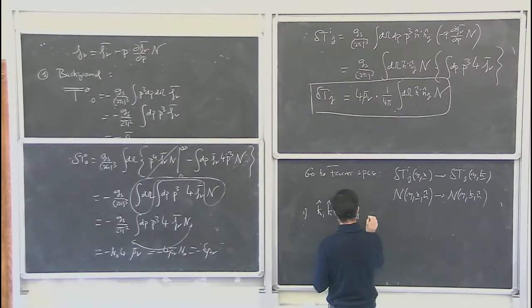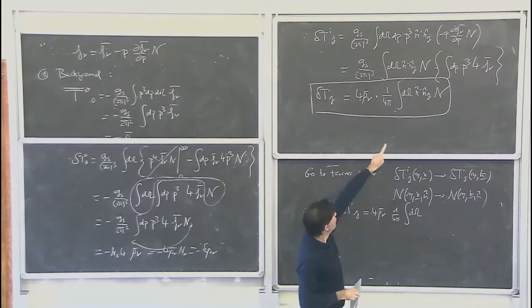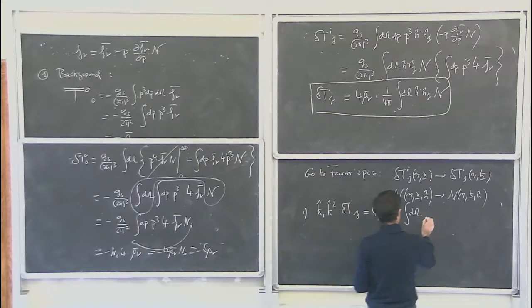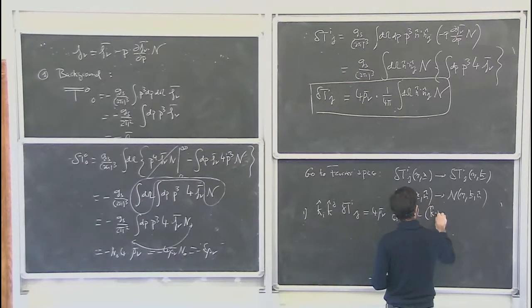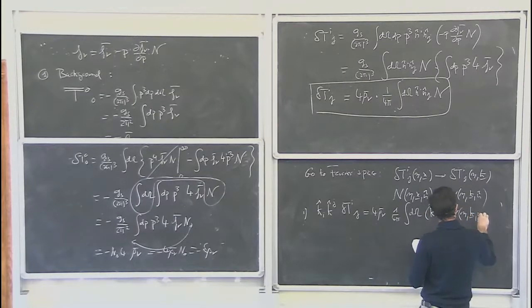So what do I get? I get 4 rho bar, 1 over 4 pi, integral over the angles, and then I have two products of n, and you see I get basically a scalar product between k hat and n, squared, times n of k hat.